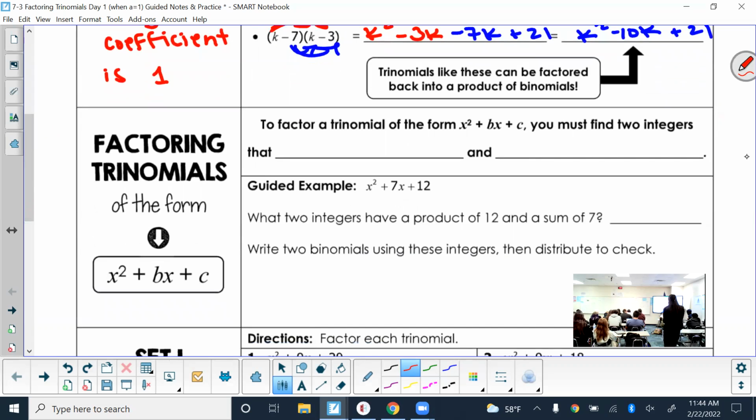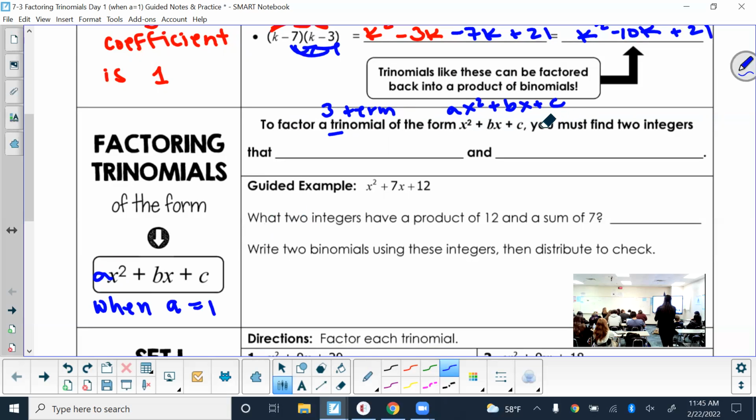The diamond method is a really easy way to organize your thoughts for this, because essentially we have trinomials. What's a trinomial? A 3-term expression, good. So if you look up here at our warm-up, all of these have 3 terms. So if you have a 3-term expression in this format, ax squared plus bx plus c, I'm going to write an a in front of here, and put when a equals 1.